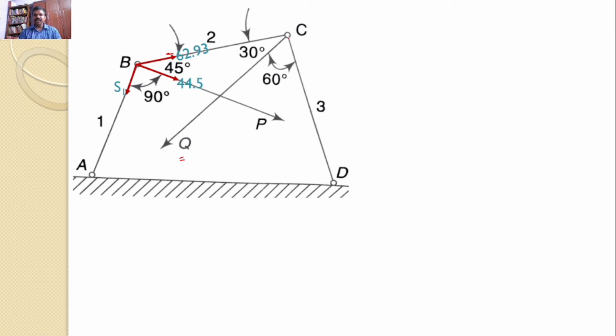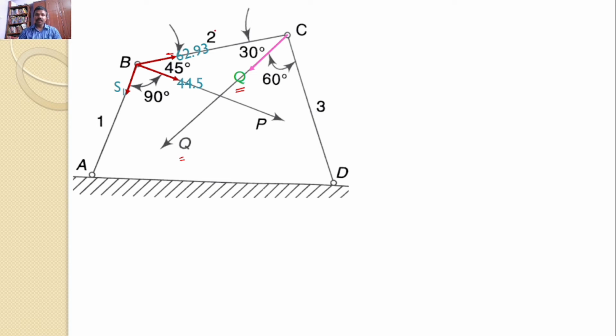Let us analyze the hinge C now. What are the forces acting at hinge C? Of course, the first force is Q. Our interest is to find this value of Q. What are the other forces? This is S2.